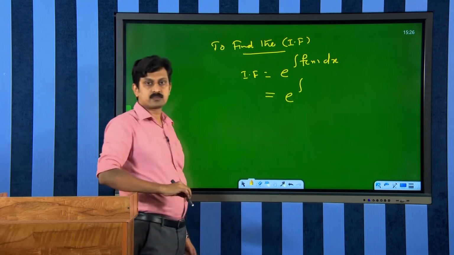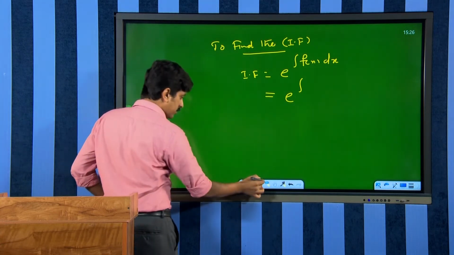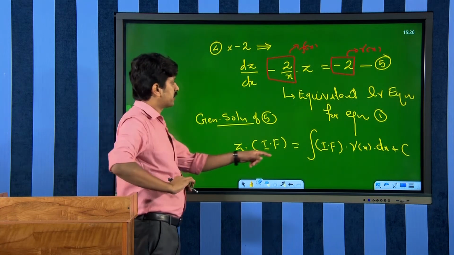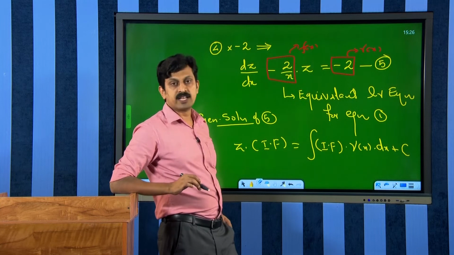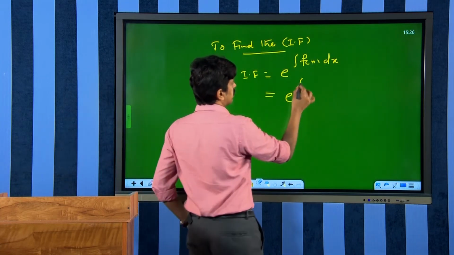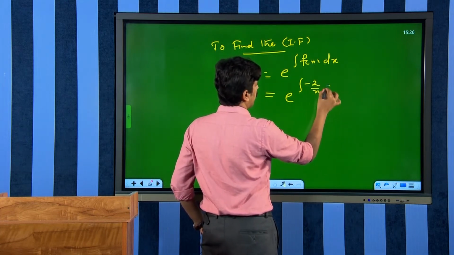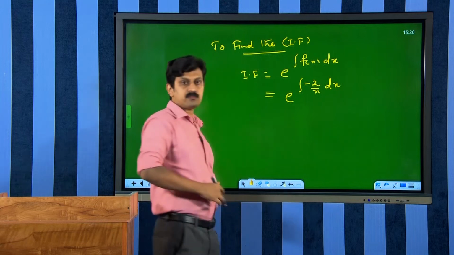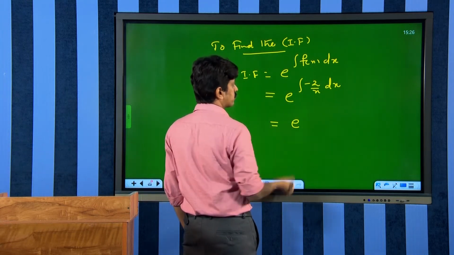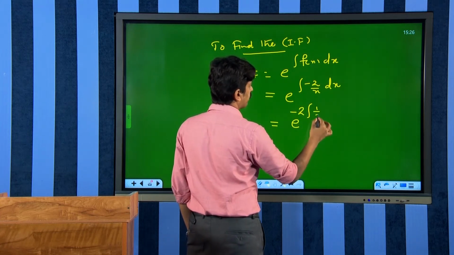See, f of x here is minus 2 by x. So this is equal to e raised to integral of minus 2 by x dx. Okay, so this is equal to e raised to minus 2 into integral of 1 by x dx.